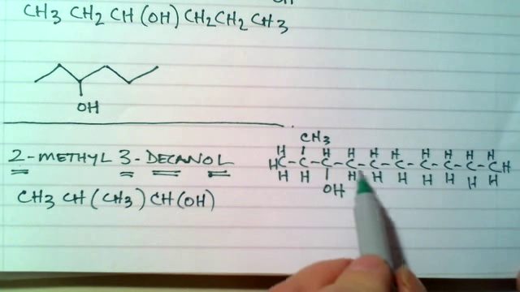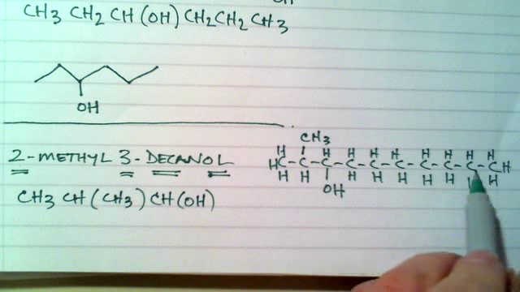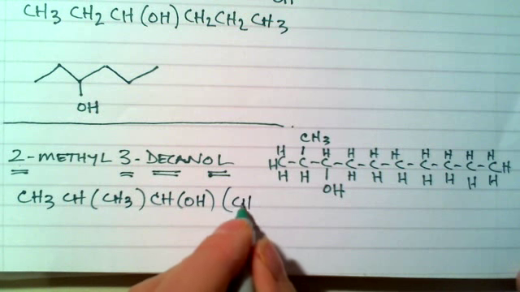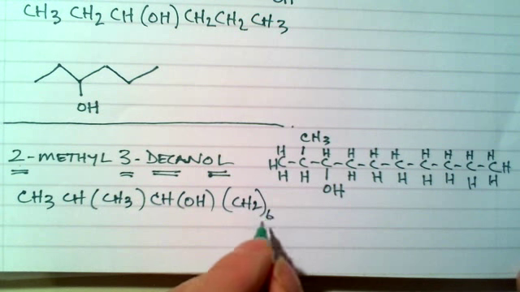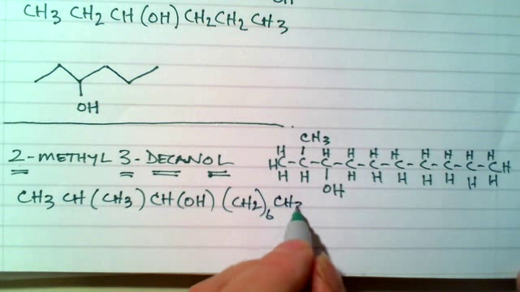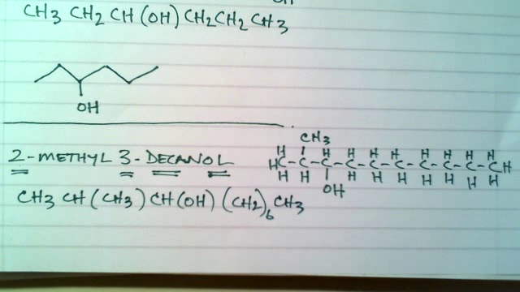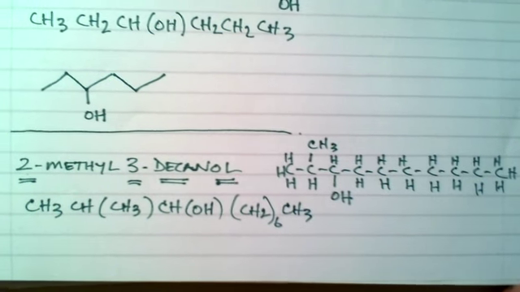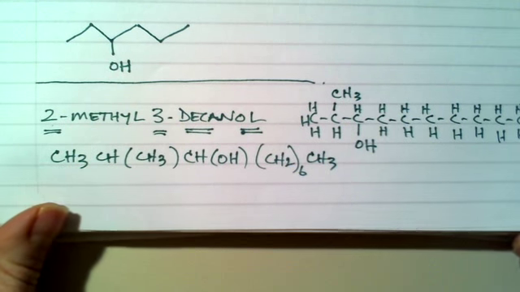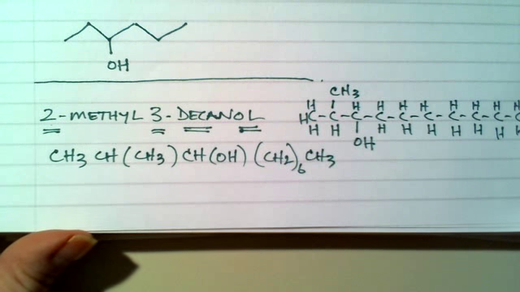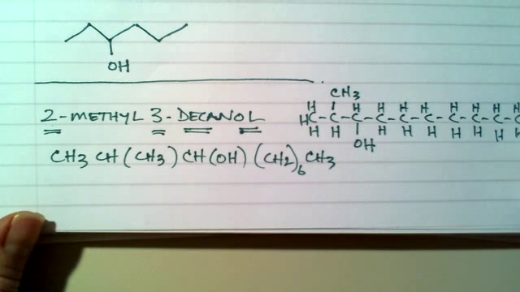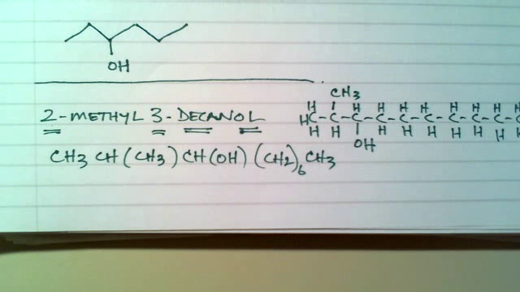And then I have 1, 2, 3, 4, 5, 6 CH2s, and then a CH3. So that's just for the sake of repeating, but these brackets we recognize them being there to indicate that those groups are functional groups as pendants on those carbons behind.